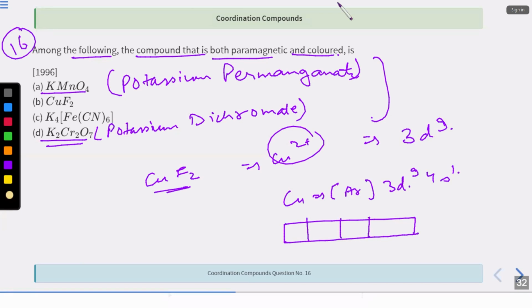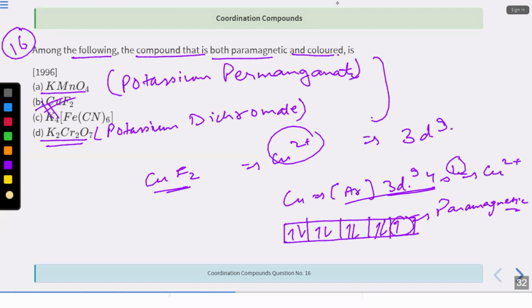When we make 2+, the 4s electron and one more will go, so we will be left with 3d9 for 3d.